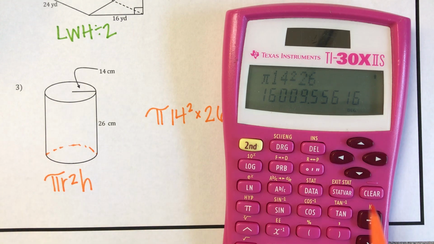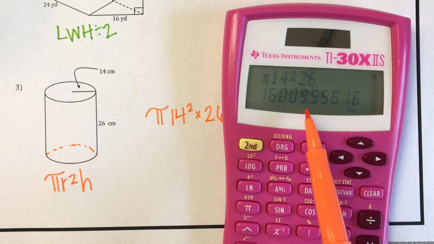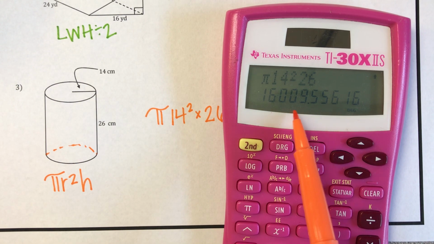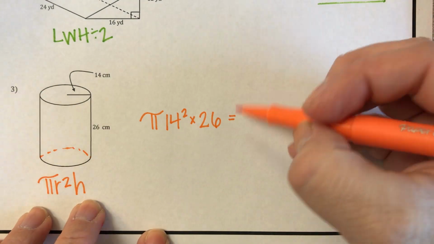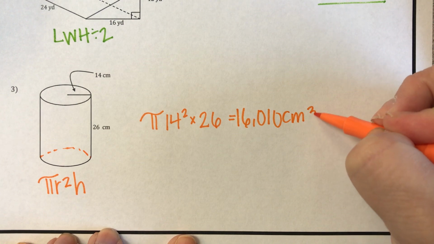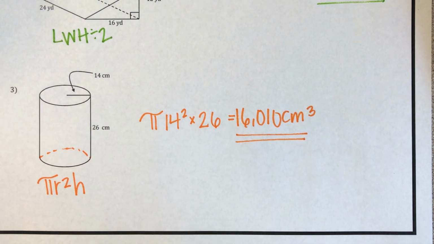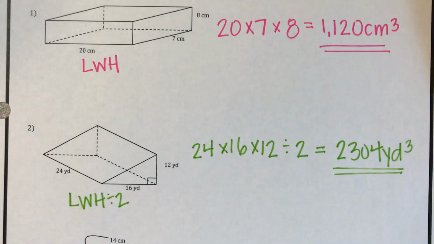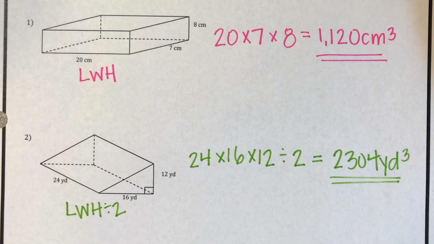So is the 5 or more? Yes, so that makes this 9 into a 10. So it's 16,010 centimeters cubed.